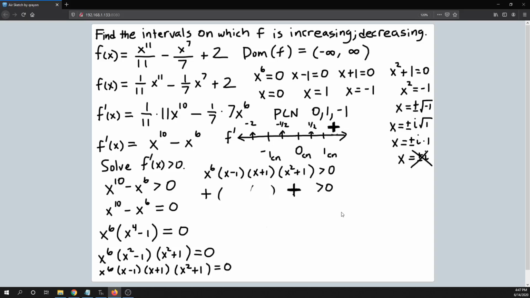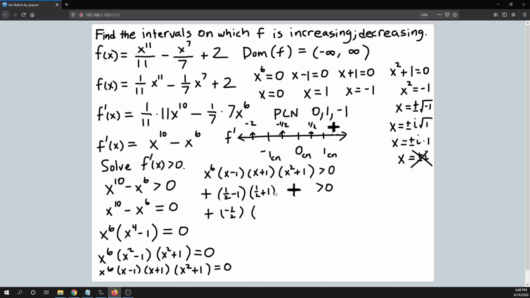All right, so the next test number is a half, right? So I'm going to plug a half in here. I would get a half minus 1, and then a half plus 1. And so you can see when I do that, a half minus 1 is going to be minus a half.